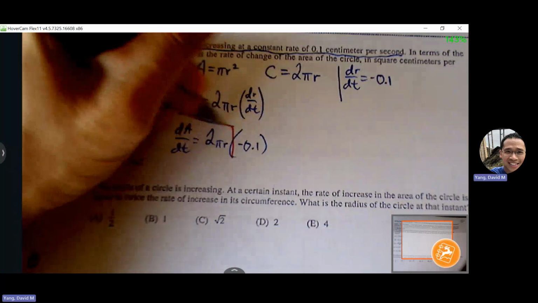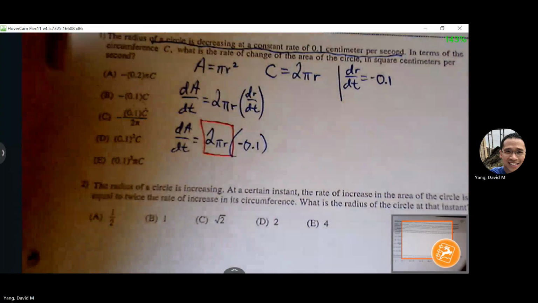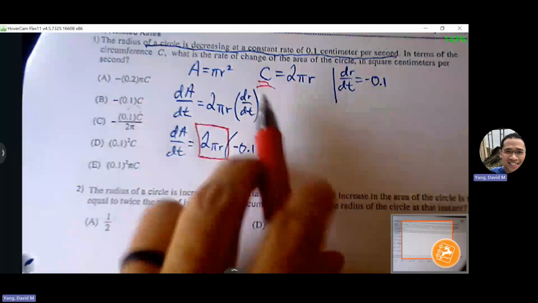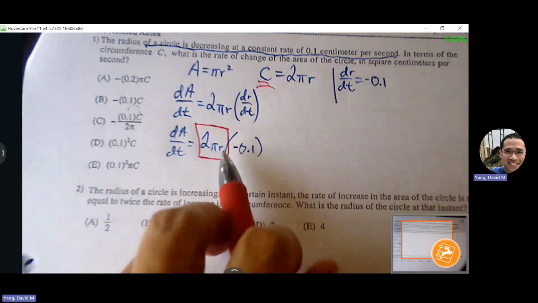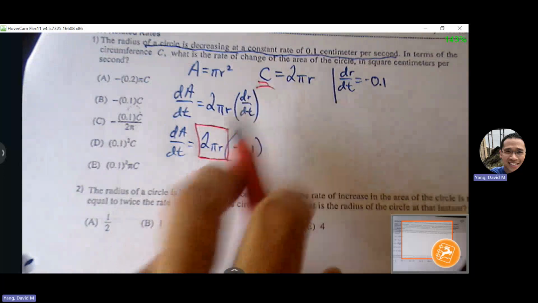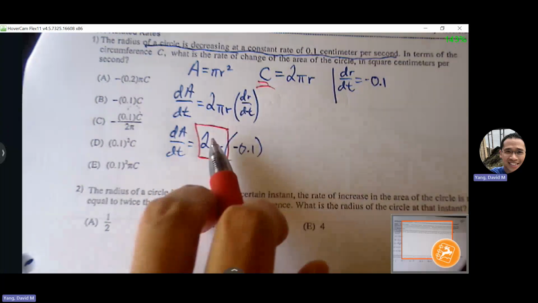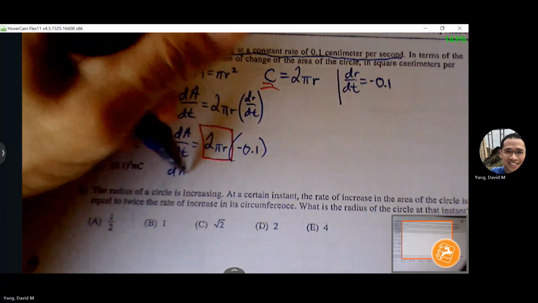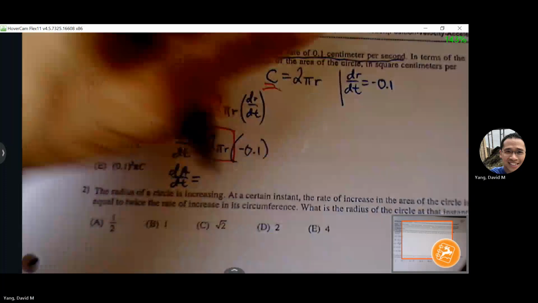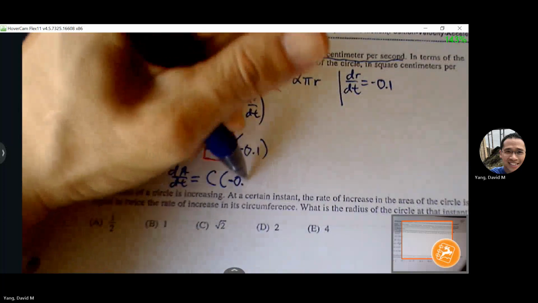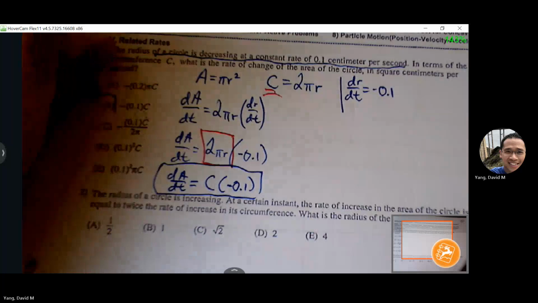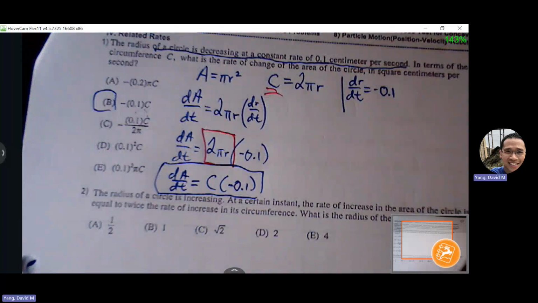Yeah, this whole thing can be replaced with C. And if we look at our answer choices, everything starts with C. So any time we can replace something with the variable they're asking for, that will help lead us to our answer. Okay, answer choice B.